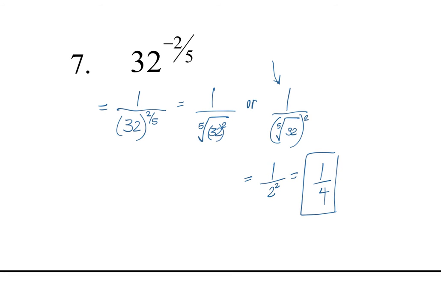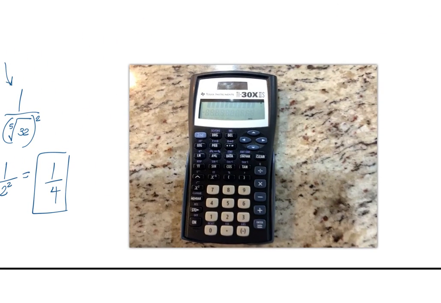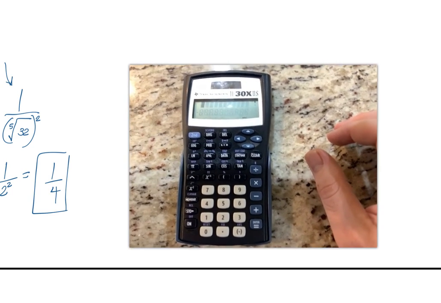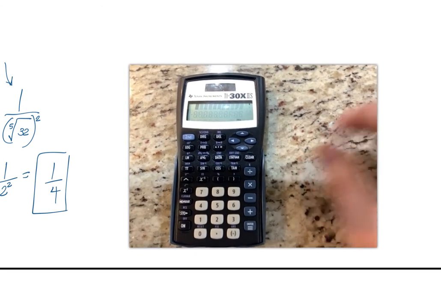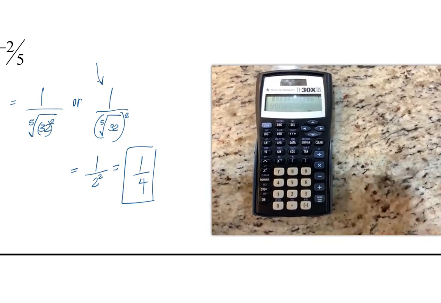You could do this in the calculator. In fact, let me show you. We can do this in the calculator, but not really having to move anything to the denominator. Just remember it was 32 to the negative 2/5.